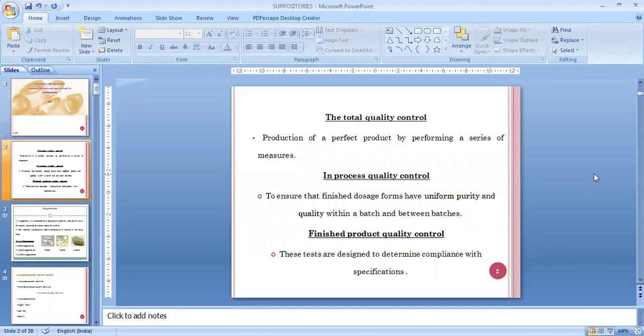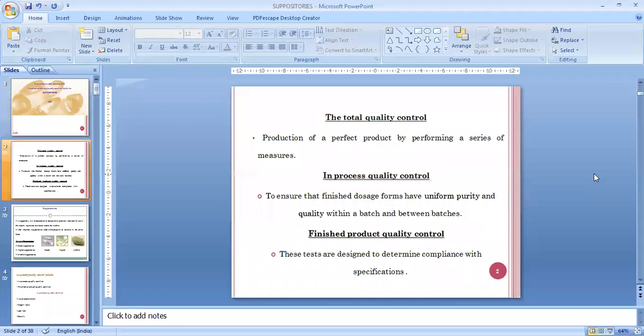So what is the exact meaning of in-process quality control, finished product quality control, and total quality control? Total quality control is nothing but the production of a perfect product by performing a series of measures.